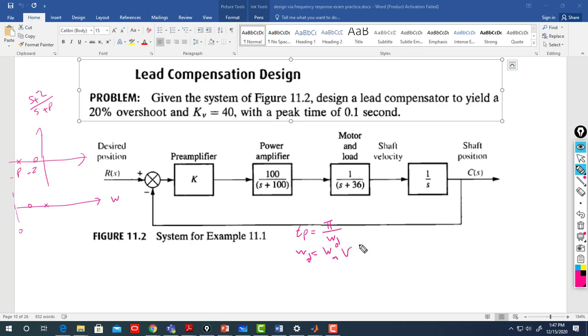Omega d is also related to omega n, the gain crossover frequency, the natural frequency of the system, and the damping ratio. So they are all related, and it's speed related. If we increase omega n, the speed increases, so the peak time or rise time decreases and the system becomes faster.